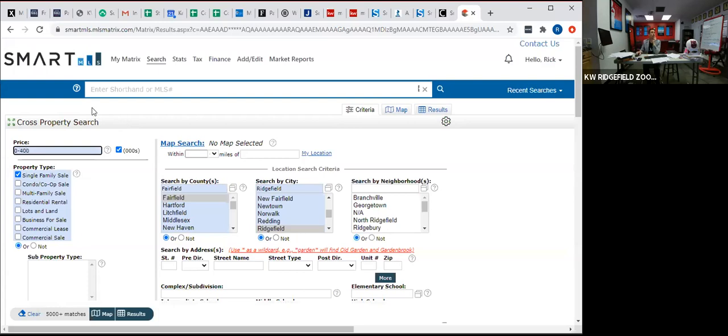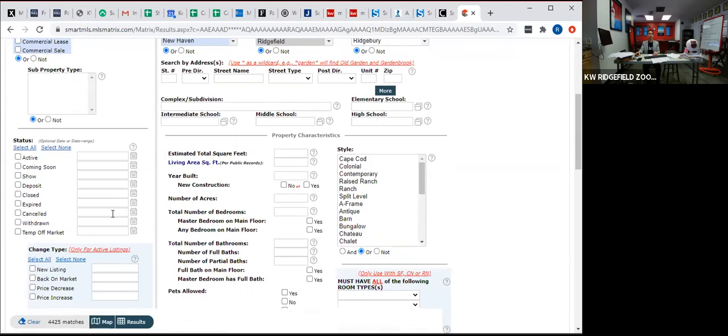So 0 to 400. And I'm going to do this purposely a bunch of times. I know it seems repetitive, but I want you to hear the formula over and over again so it gets ingrained in your brain and you see how the numbers unfold. When you put in the price point, 0 to 400, leave everything else the same, Ridgefield, single family, come down here and do closed, 0 to 90, and you get 12 properties.